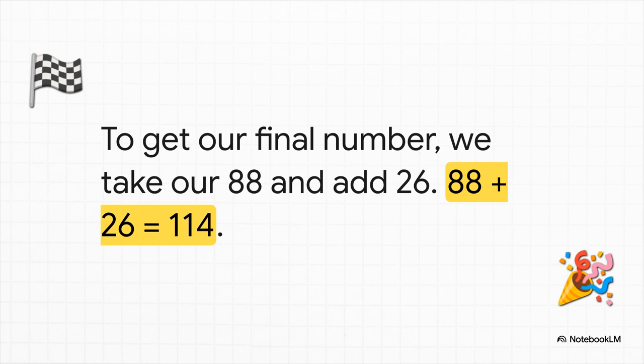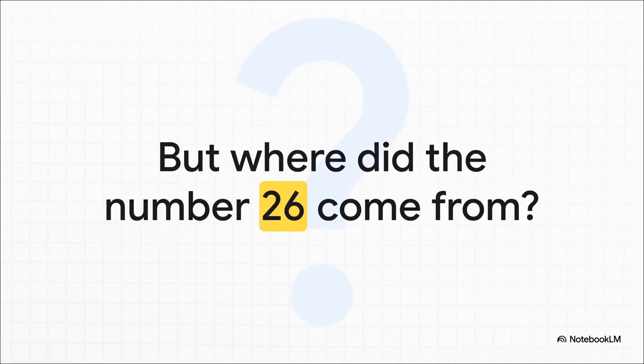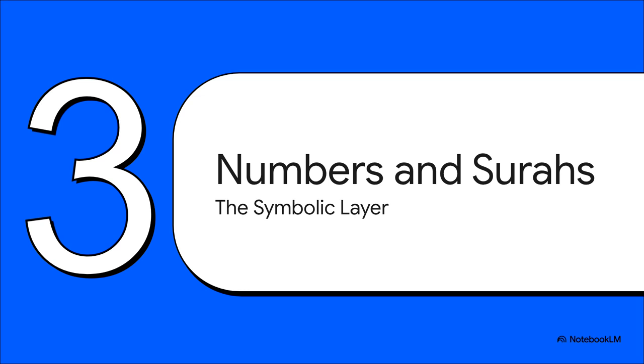But hang on a second. Where in the world did that 26 come from? It kind of feels like it just appeared out of thin air, right? This is where the whole system reveals its deepest, most unexpected layer. This isn't just about math anymore. The answer, it turns out, lies in a symbolic connection to an external source.